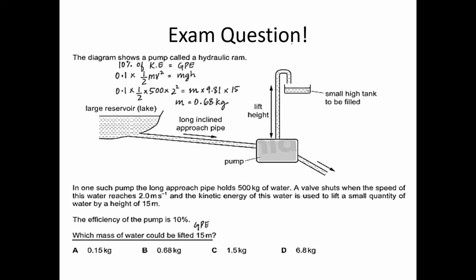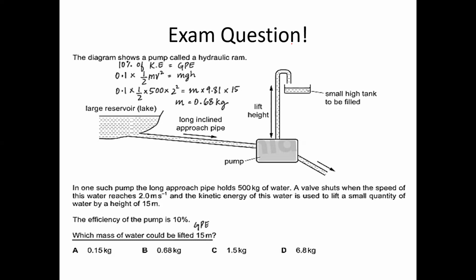Okay, so let's solve this question. There's another exam question in front of us. The diagram shows a pump which is called a hydraulic ram. The question says in one such pump, the long approach pipe holds 500 kg of water. A valve shuts when the speed of this water reaches 2 meter per second.